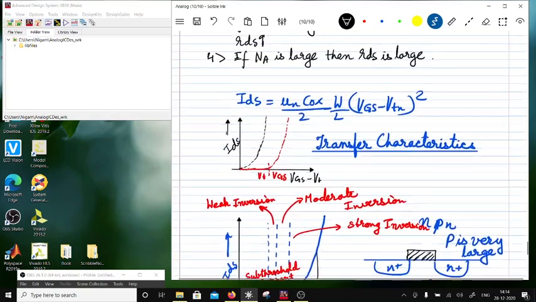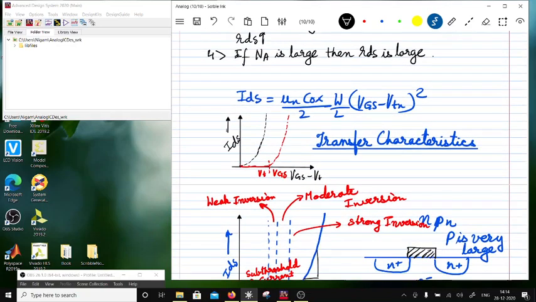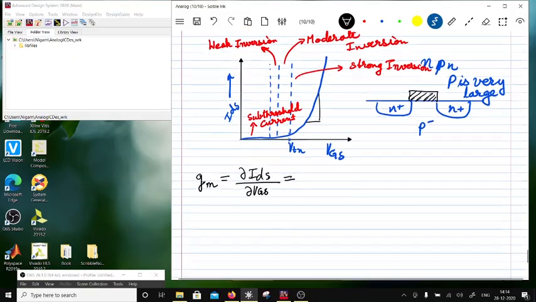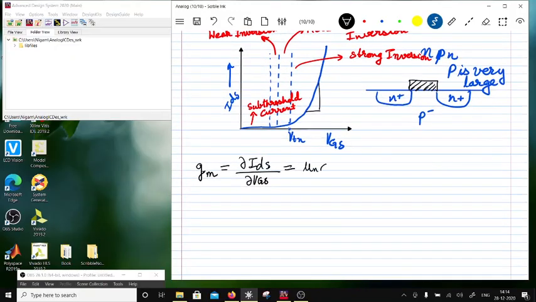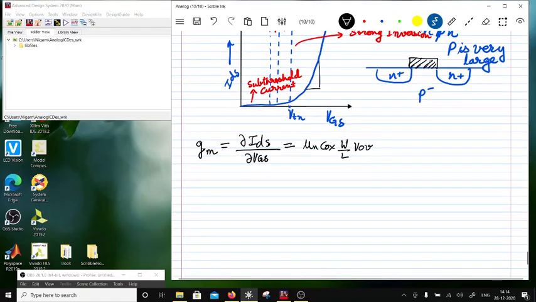So you just take this, and if you differentiate with respect to VGS, your answer would be mu n COX, 2 will go away, W by L into V over time. Okay, so this can also be written as twice of, if I multiply with 2 and divide by 2, this will become a current.